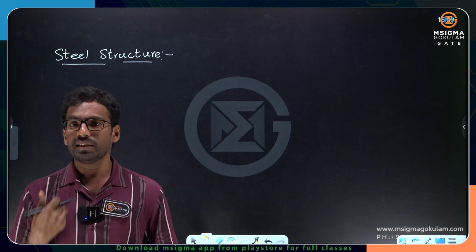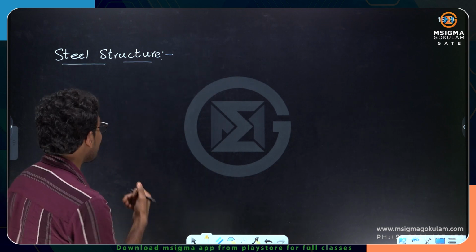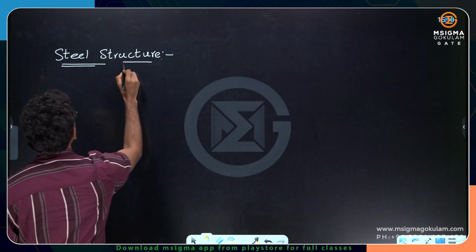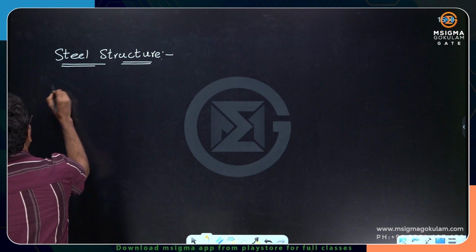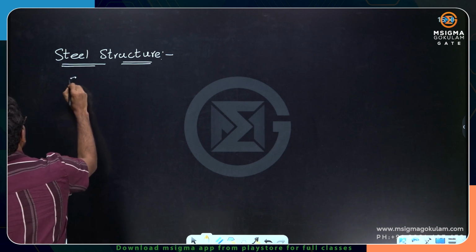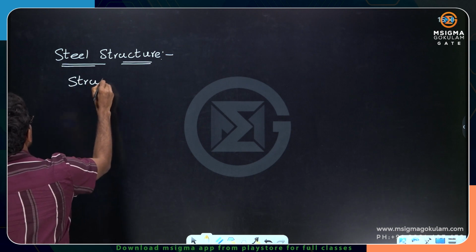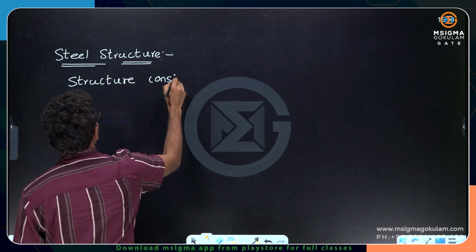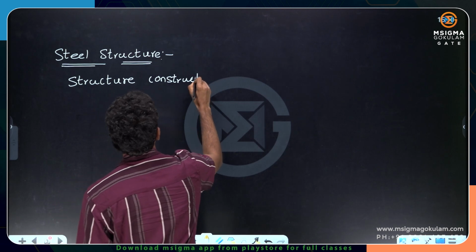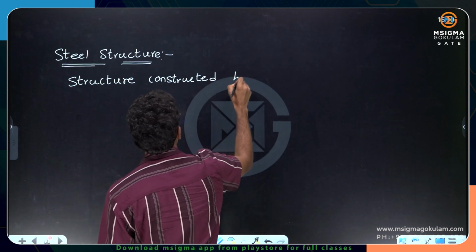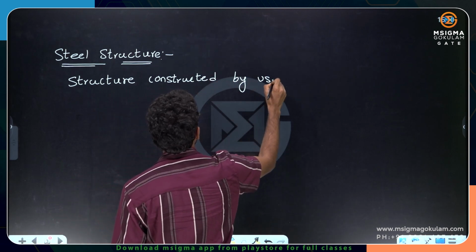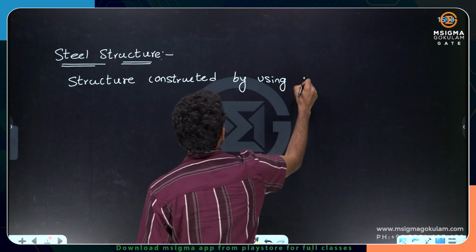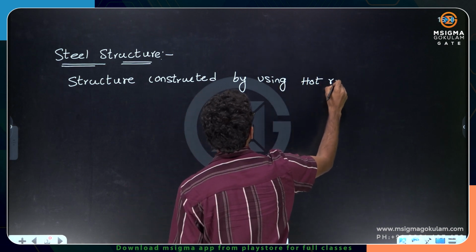But what kind of steel is it? Basically we have something called hot rolled steel sections. I can define a steel structure in this fashion: a structure constructed by using hot rolled steel sections.